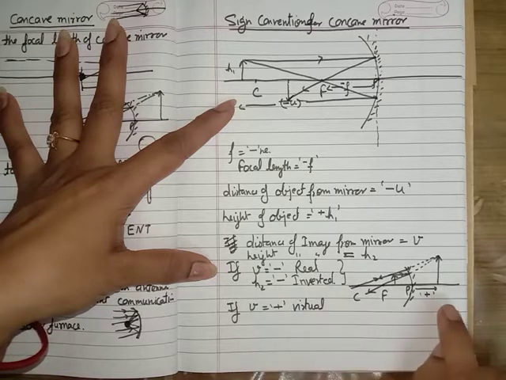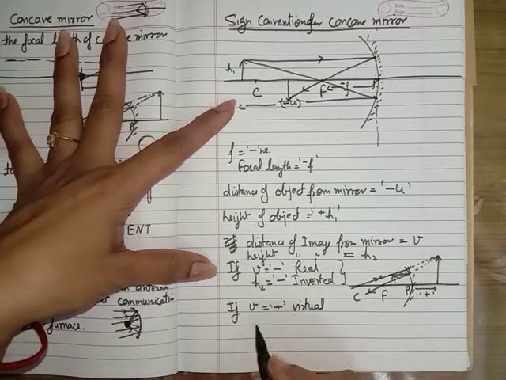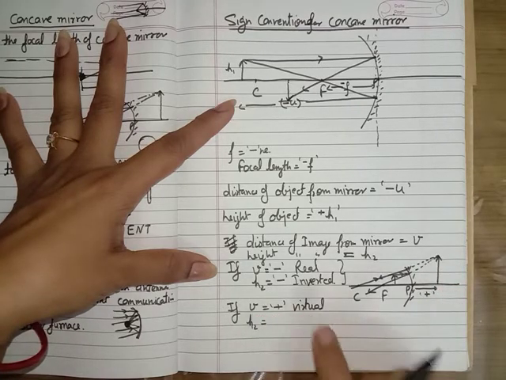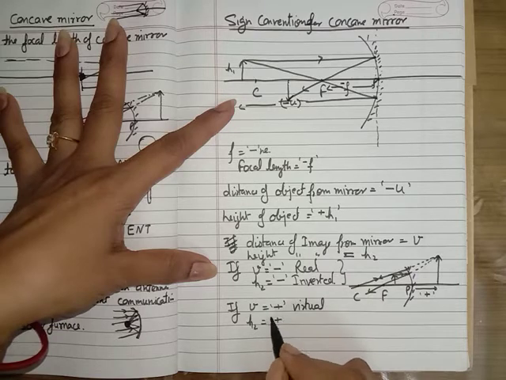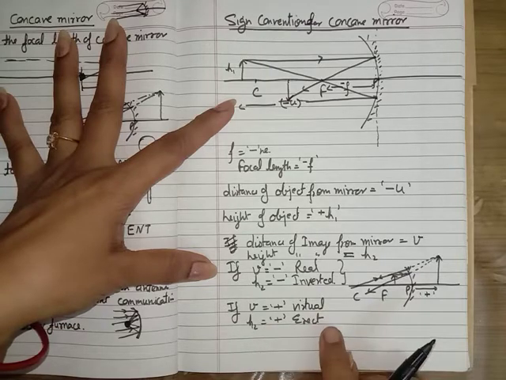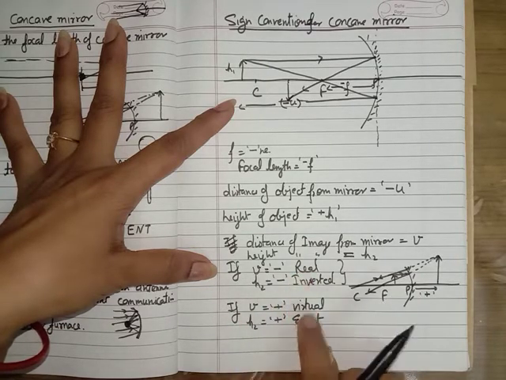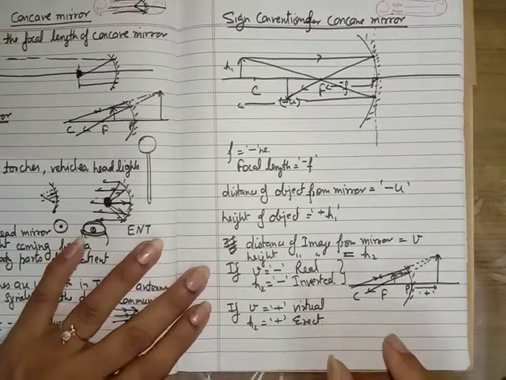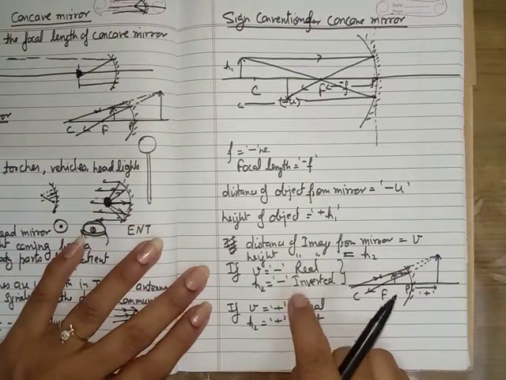Positive sign shows that the image is virtual. And what about h2? We know that a virtual image is always erect. So if v is positive, h2 will be positive, and the positive sign shows that it is an erect image. Okay, virtual and erect. So these are the main signs we have, which we can't just memorize, but we have to know the meaning of these signs.